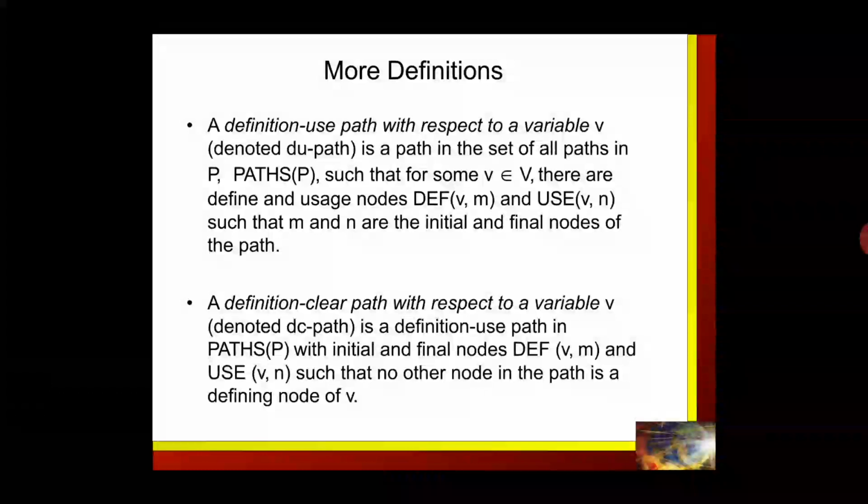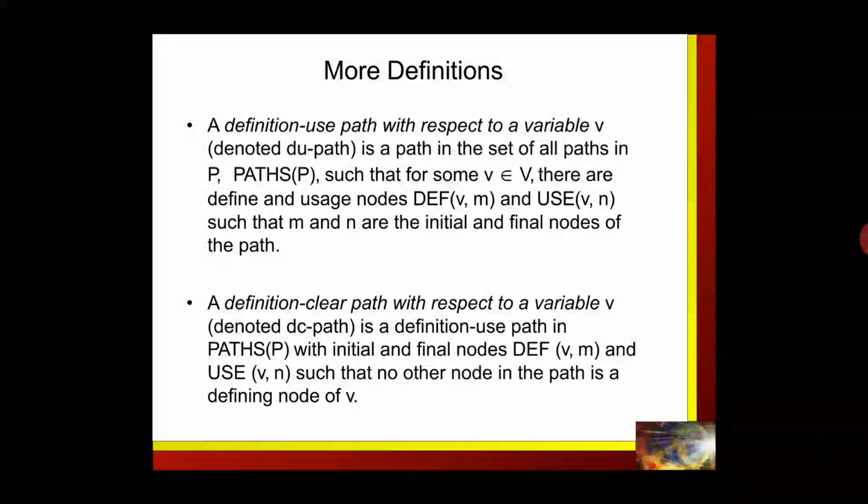DC path. This DC path is a definition use path. Of course, it's a kind of definition use path only. But here, for the initial and final nodes def v,m and use v,n, no other node in the path is a defining node of v. So in the definition use path, a defined point is there and a use point is there, with a connection between them. But in between, another defined point may come.